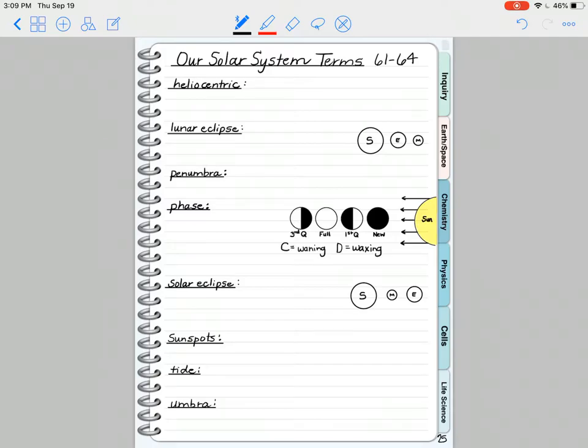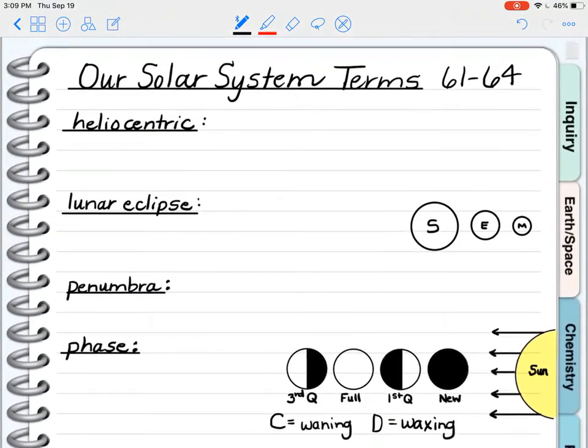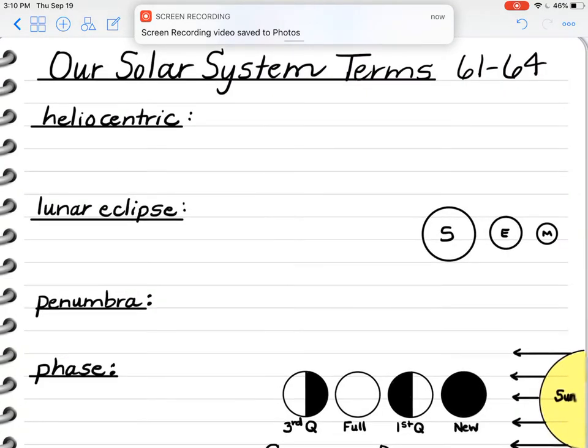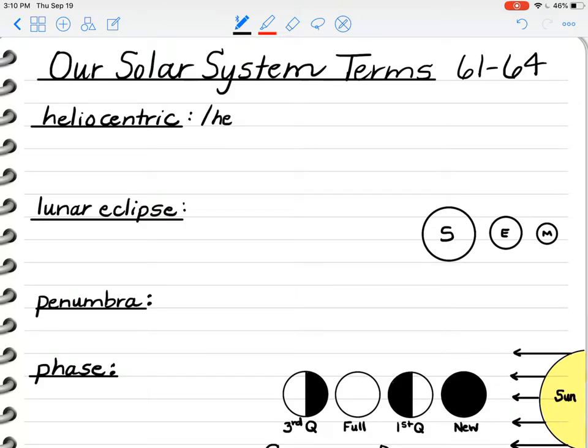Okay, the first term here is a tough one to pronounce, so let me go ahead and give you the sound spelling for this one. It is heliocentric.